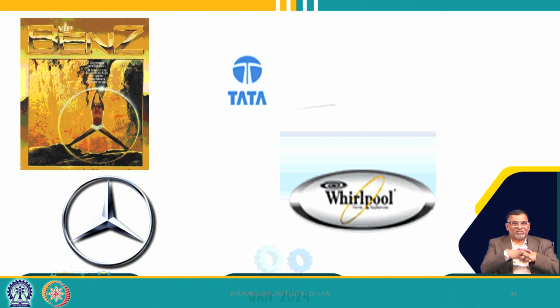The Indian court said that yes, this is a violation of the trademark of Benz. Because of the way in which the advertisement is put, that is the main reason it was held to be a violation of the trademark. So, it is not the case that you can use the names however you want. Even though the Benz car has nothing to do with undergarments, the Indian court prevented the Indian company from using the name Benz, and also the picture, the way in which the picture is put.